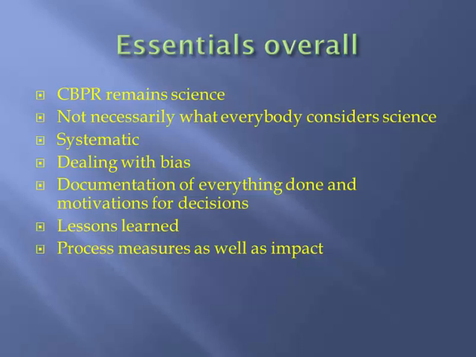But we need to hold on to this, that it is. And we make it science by being systematic, by being rigorous, by dealing with bias quite explicitly. Inevitably within CBPR work there is a lot of subjectivity and bias because you're working with vested interests. You're not working with a neutral context.